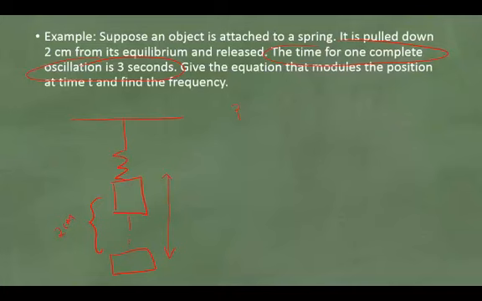So the period here is what? 3. And again, we know that the period is also 2 pi over omega. Because we're going to use the function y is equal to a cosine of omega t, we need to find omega, and we need to find a.